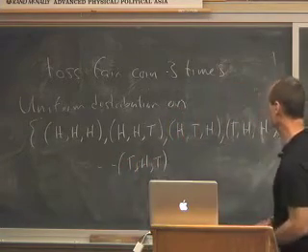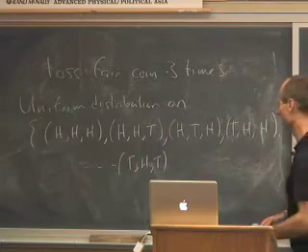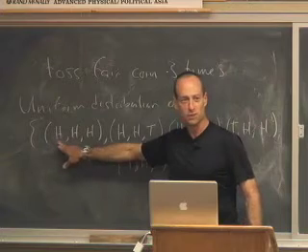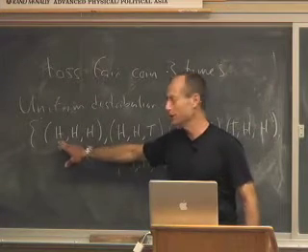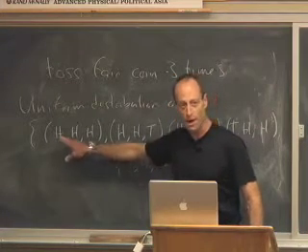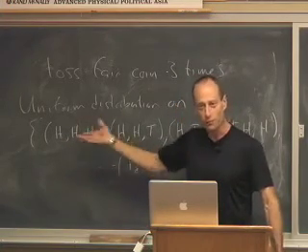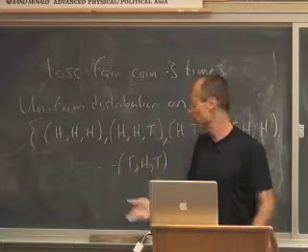Should we write them all down? No? Okay, there's 8 in all, right? Because I have 2 choices. There's 2 possibilities for what the first toss gives me, 2 possibilities for what the second toss gives me, no matter what the first toss gave me, and 2 possibilities for what the third toss gave me, no matter what the first and second did. So 2 times 2 times 2 is 8.